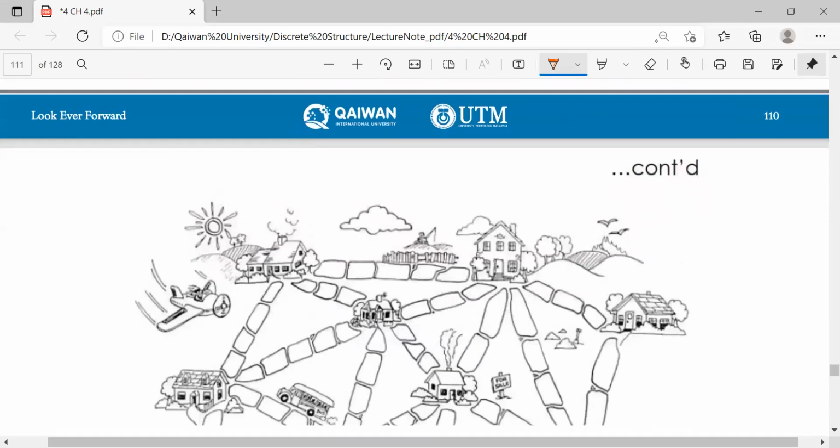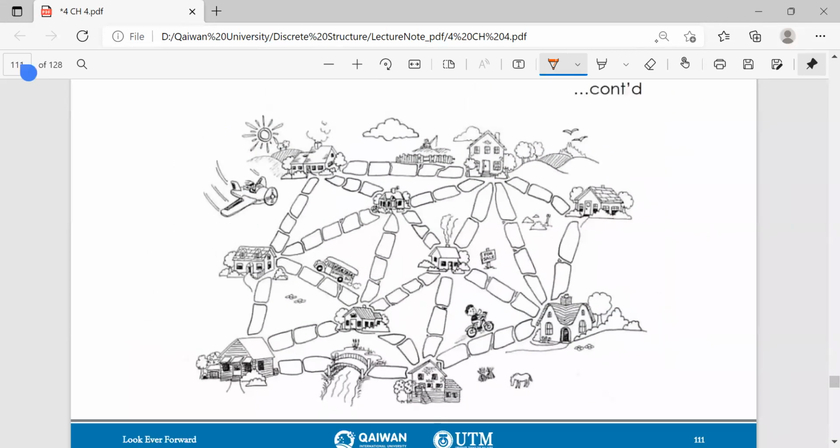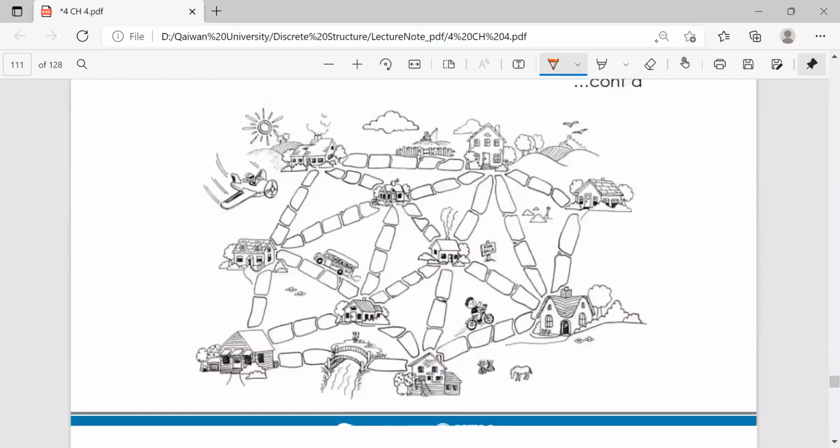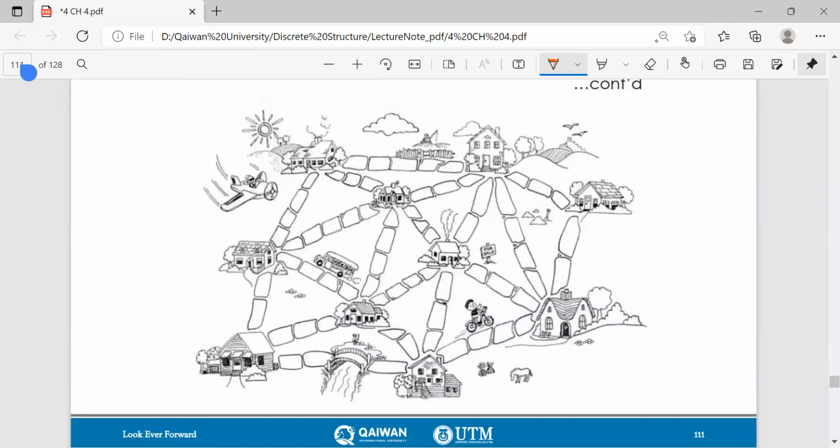The layout of the city is this. Here in this city, it's a muddy city. We want to find the minimum spanning tree here. Each of these houses represents a vertex.